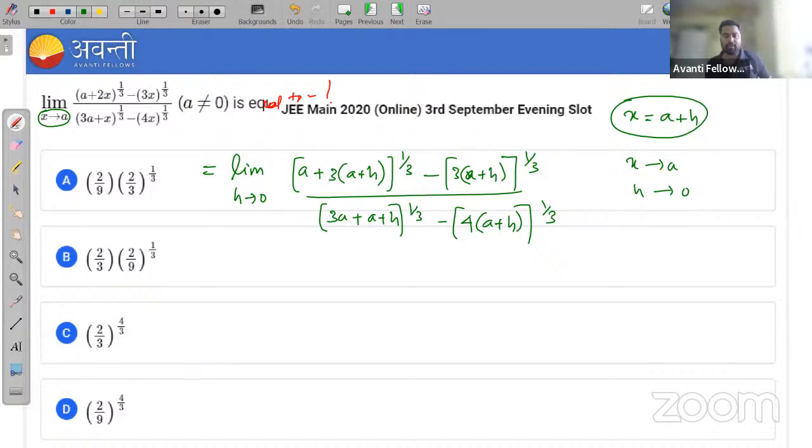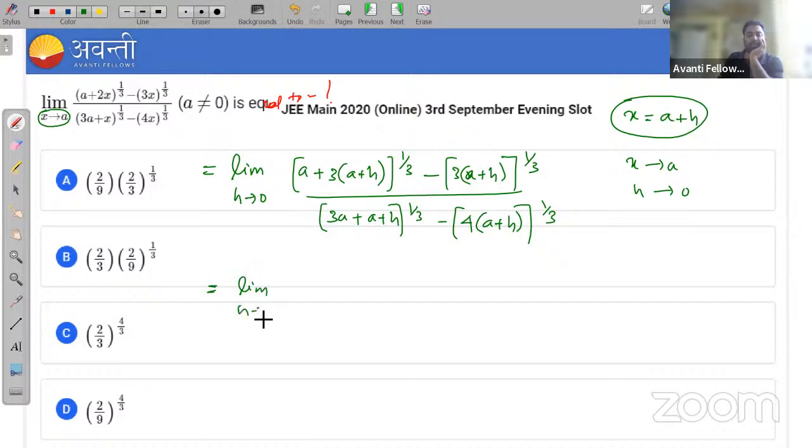Now try to find the limit of this. First, I suggest opening all the brackets. If you open all the brackets, let's see what will happen.